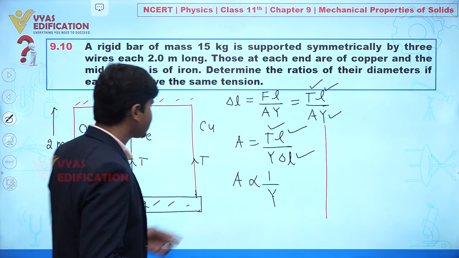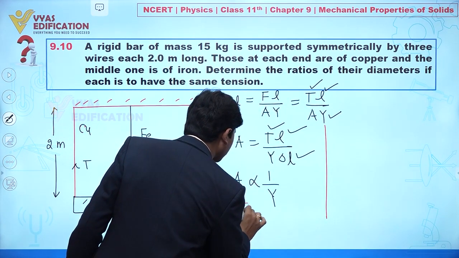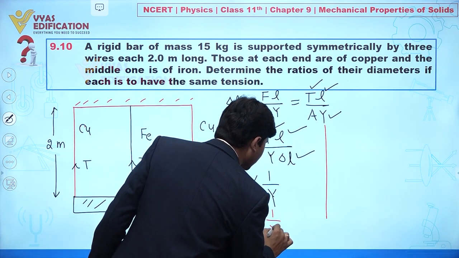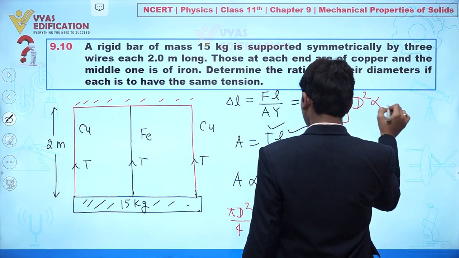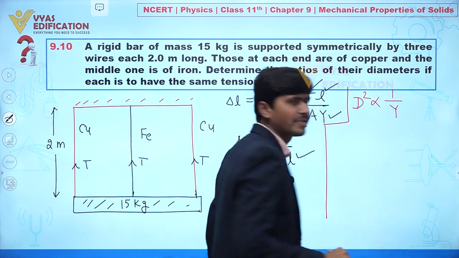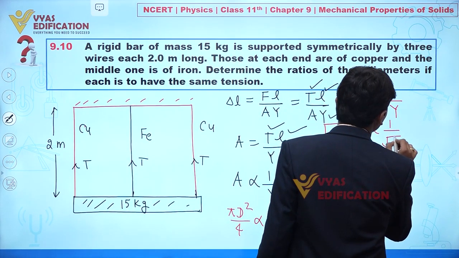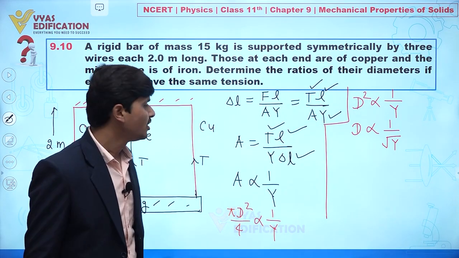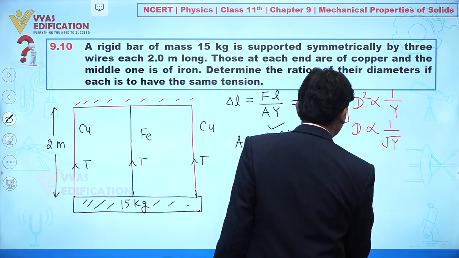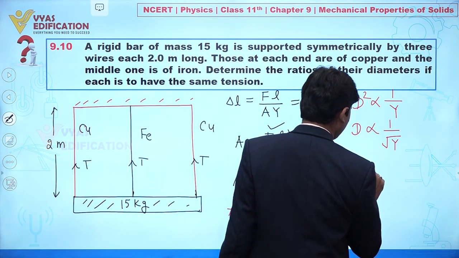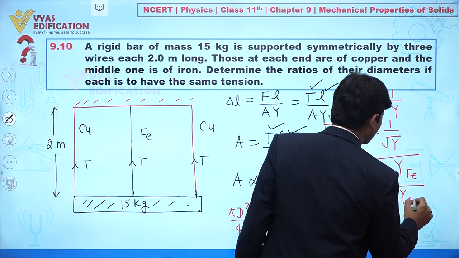Area is equal to pi d square by 4, and it is proportional to 1 upon Y. So d square is proportional to 1 upon Y, which means d is proportional to 1 upon under root of Y. So I can write: diameter of copper wire over diameter of iron wire is equal to under root of Y for iron over Y for copper.